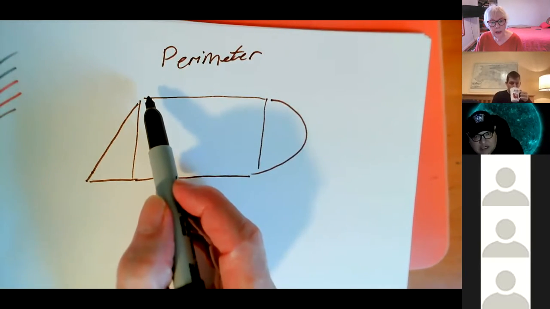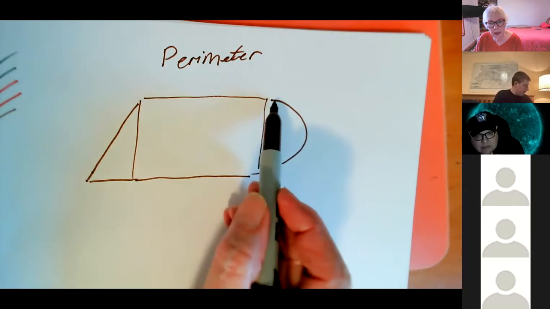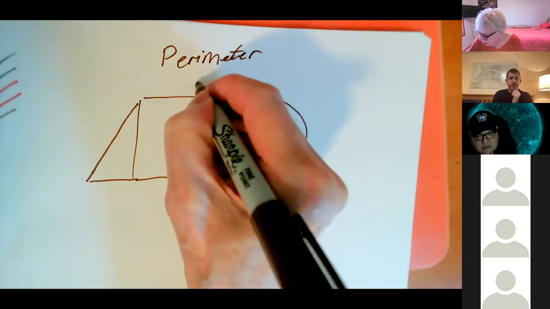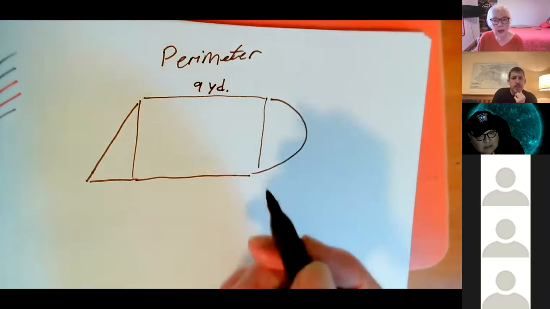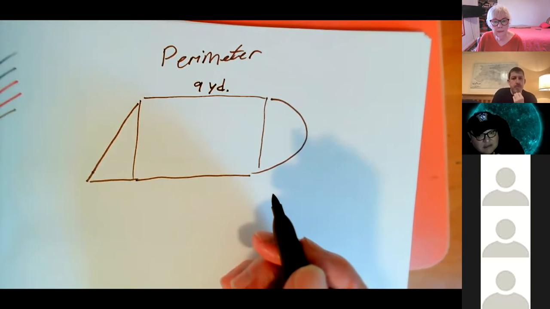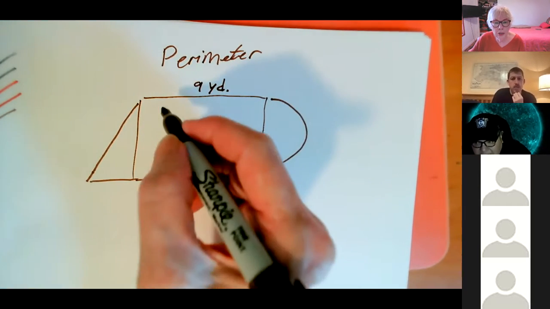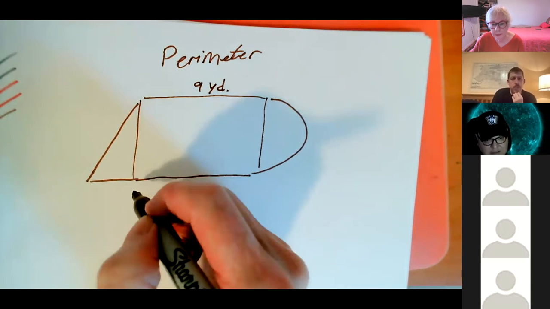Yes, 9 yards at the top. On the side, 7 yards. And they'll need one more, the little triangle, 6 yards on the bottom, on the base of the triangle.